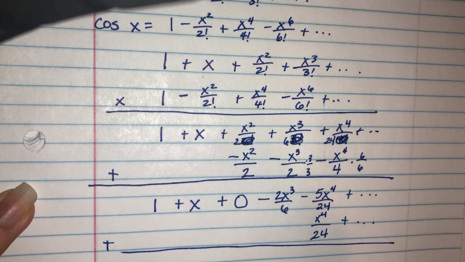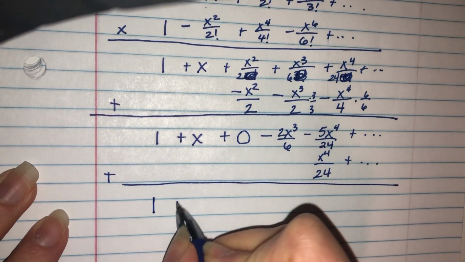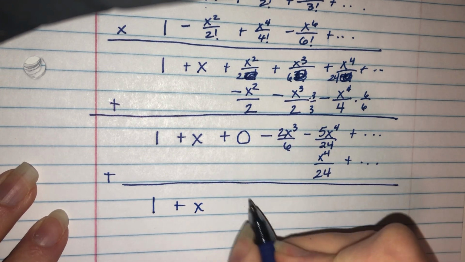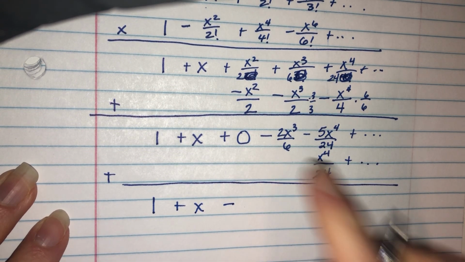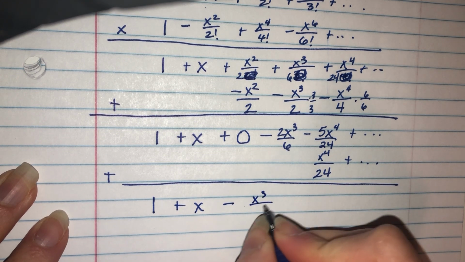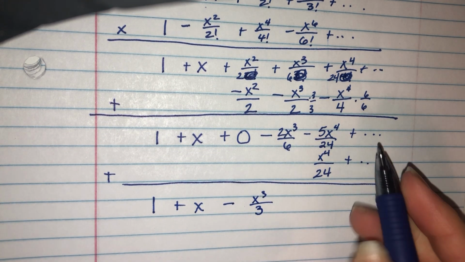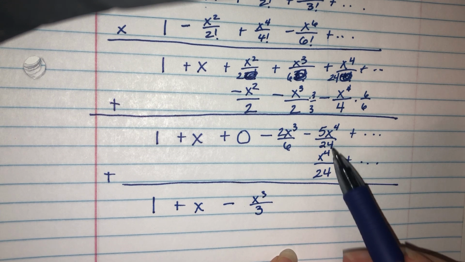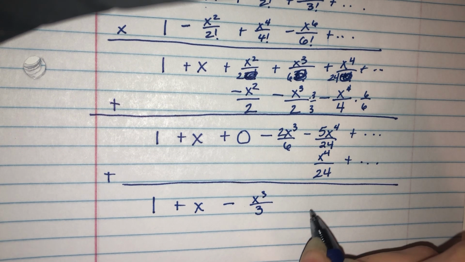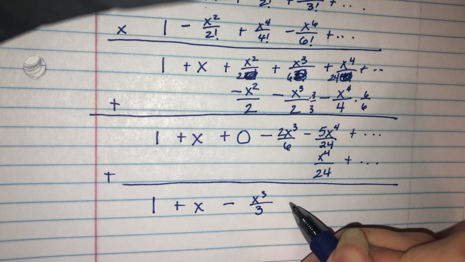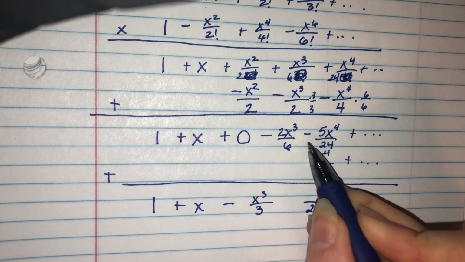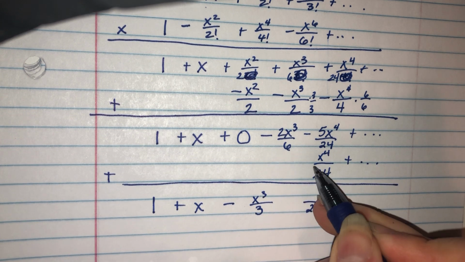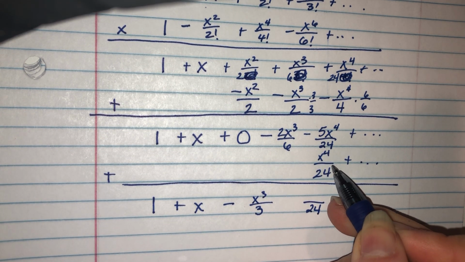The 1 comes down, plus x, I don't need to write a 0 term, minus 2 6 simplifies to 1/3, so this is x cubed over 3. And then I have a common denominator already of 24 here, so I've got 24 on the bottom, negative 5x to the 4th plus 1x to the 4th.